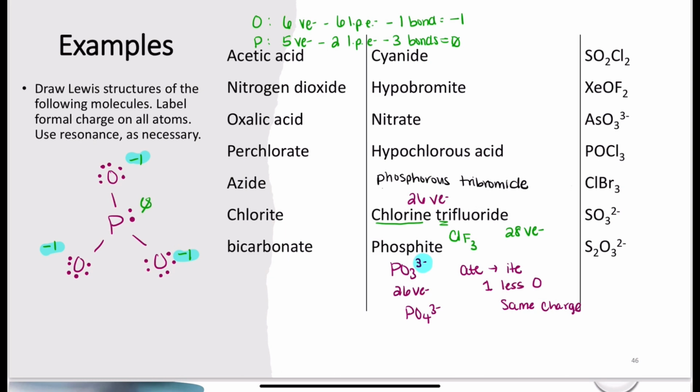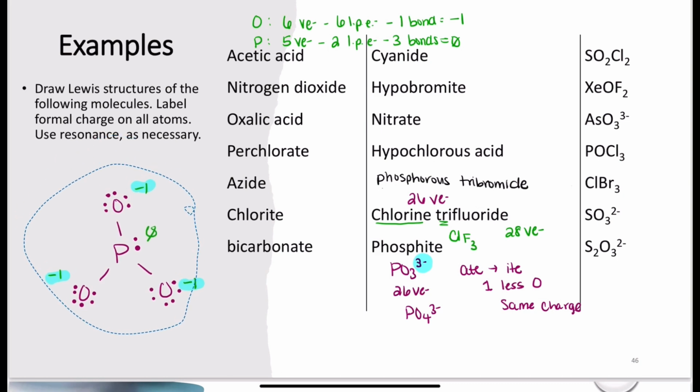This also helps us see how phosphite comes from phosphorous acid, or phosphate comes from phosphoric acid. Because these are all -1 charges, if I was to make this a neutral compound, so if I had H3PO3 or phosphorous acid, it would be an oxyacid, where the hydrogens would bond to those oxygens.